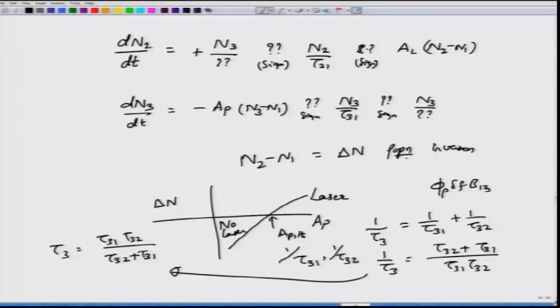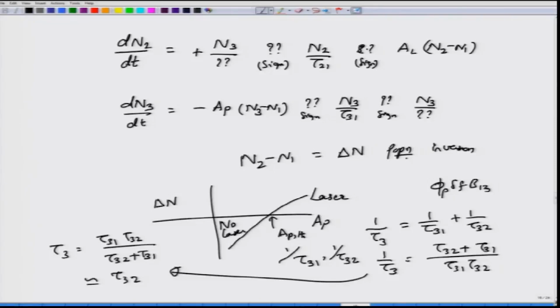So, if you take this condition, then what you see is that tau 32 is very small compared to tau 31, so tau 31 is much larger than tau 32. The effective lifetime tau 3 can be approximated as tau 32 itself, because tau 31 is larger in the denominator compared to tau 32.